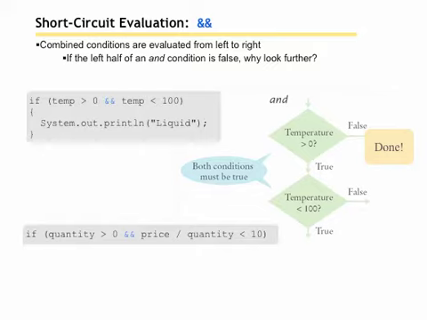If we reverse the order and had price divided by quantity less than 10 and quantity greater than 0, our short circuit evaluation would no longer work in our favor. We could still encounter that runtime error. So be careful about the order in which you put these Boolean expressions when you're forming compound expressions.